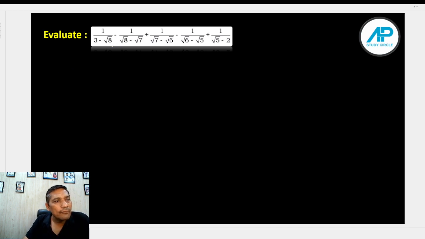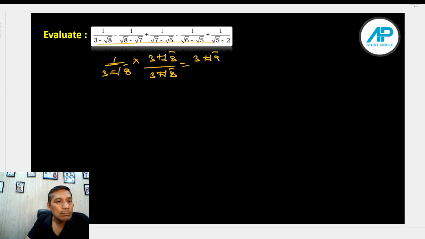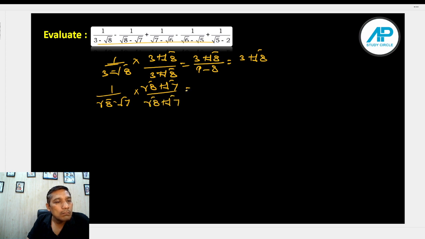Now the coming question has got 5 different fractions, a very important question and also very easy. The second one, upon 8 minus 7 is 1.